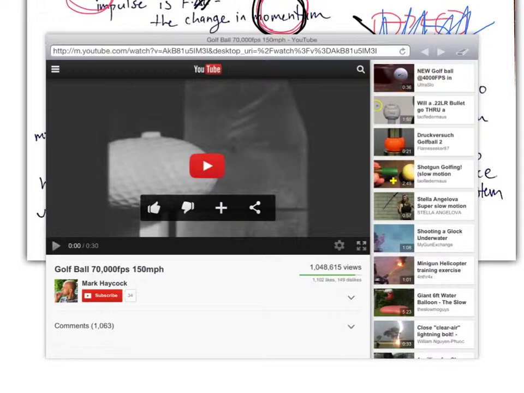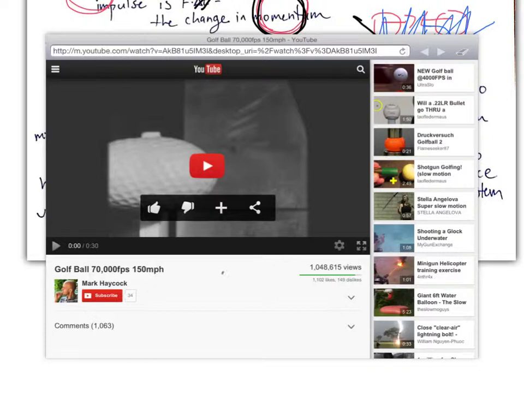So it looks like 70,000 frames per second and 150 miles an hour. But the idea is that the golf ball has some momentum in this direction, and then almost instantaneously it has some momentum in this direction.